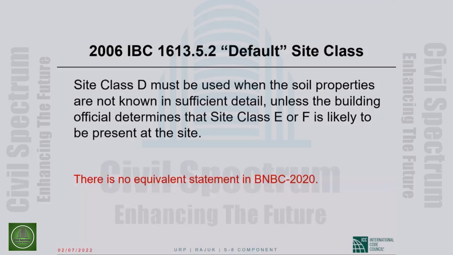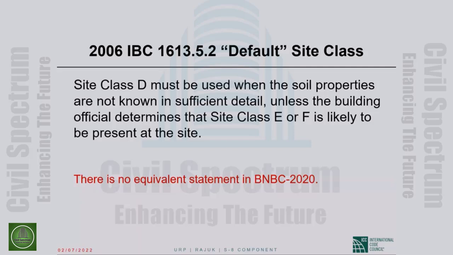So site class is based on measured properties of the soil at the site over the top 30 meters or so of the site. The preferred property to be measured is shear wave velocity. If that cannot be measured, then we can go with either the standard penetration resistance or blow count or undrained shear strength.